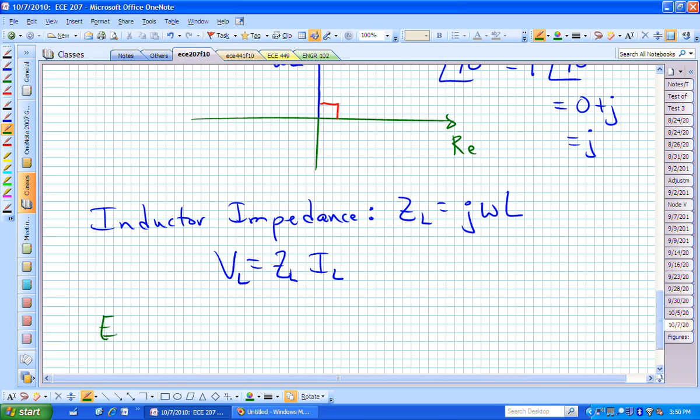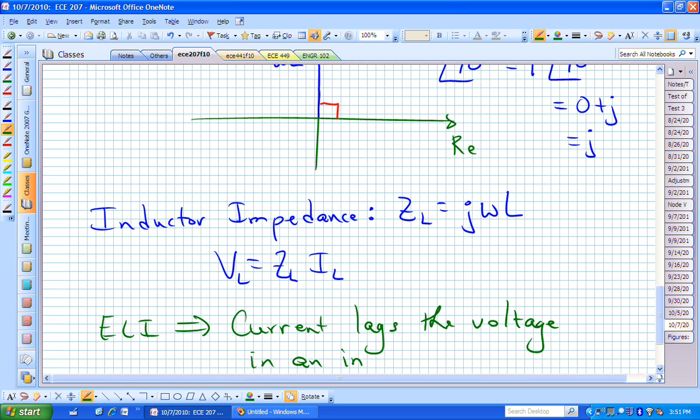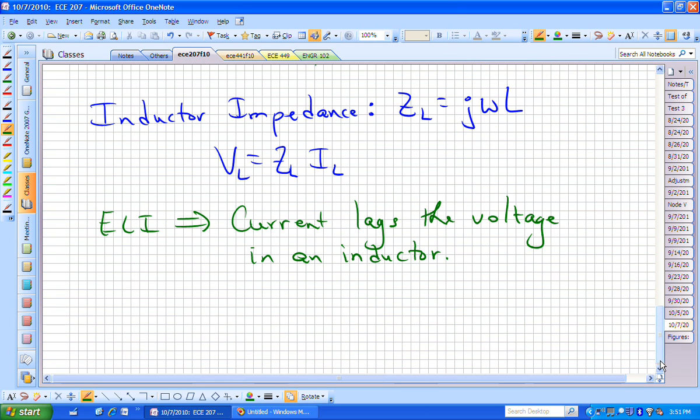Meaning, Eli, or however you want to think of it, you now know that the current lags the voltage in an inductor.